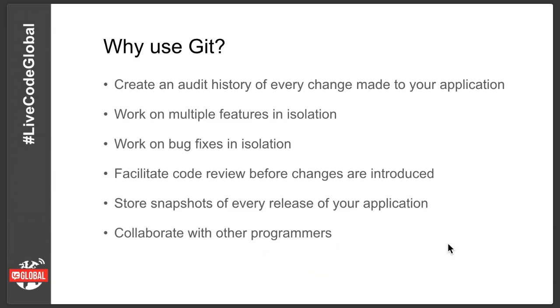The first, which I really think is important, is creating an audit history of every change made to your application. As you'll see in just a bit, Git is about snapshots. You're taking snapshots of what a folder looks like over time. In our situation, the folder happens to be an application under development, all of our application files.